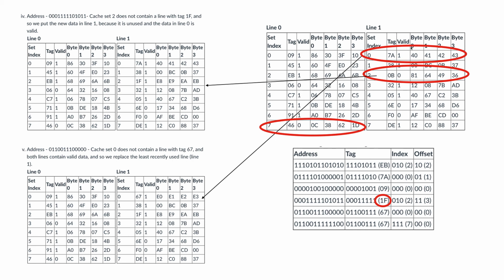So we replaced this one. This is the eviction policy that is applied here. We use the least recently used policy. That's why when two blocks are both valid, we evict the one that is least recently used. And we got the new data here.